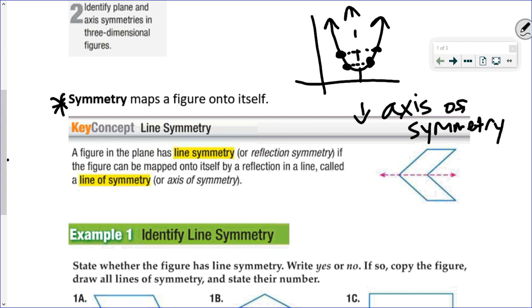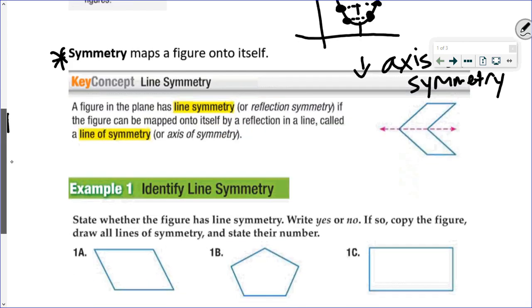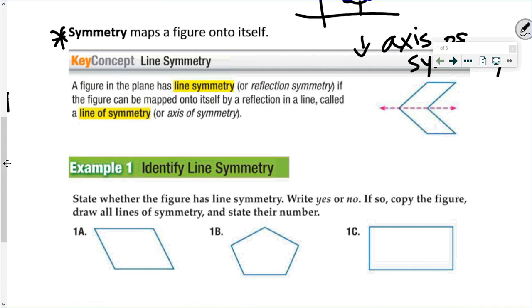So line symmetry. A figure in the plane has line symmetry or reflection symmetry if the figure can be mapped onto itself by a reflection in a line called a line of symmetry or axis of symmetry. And this is exactly what we talked about with the parabola just a moment ago. If you look at this figure here that they've got for the example, this axis of symmetry makes the figure symmetric.